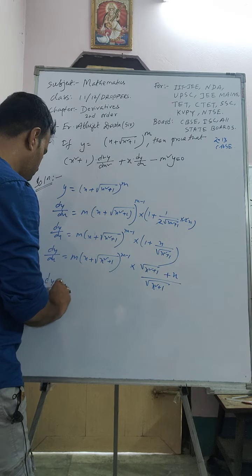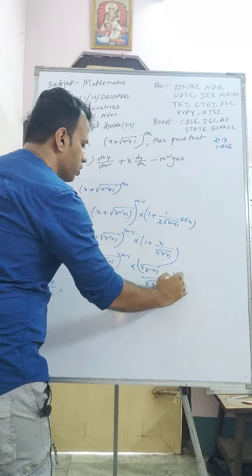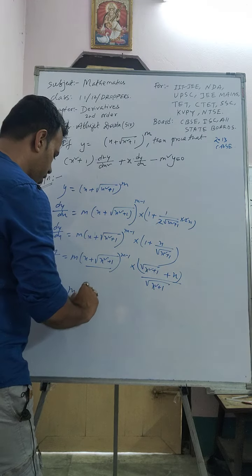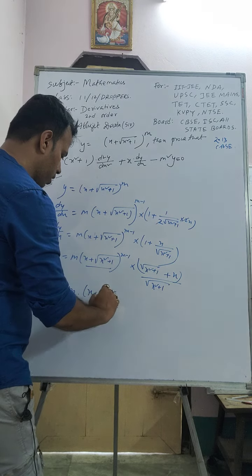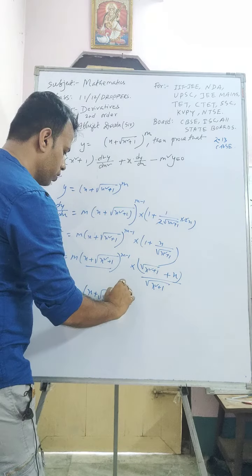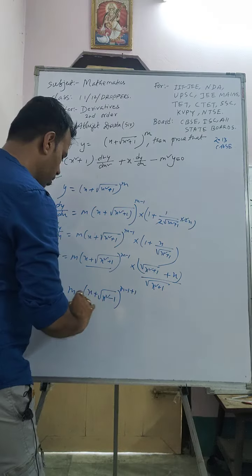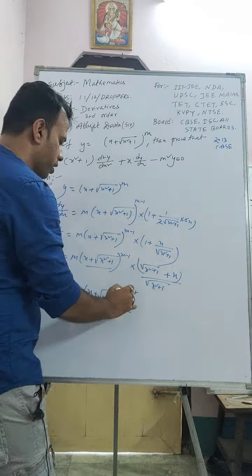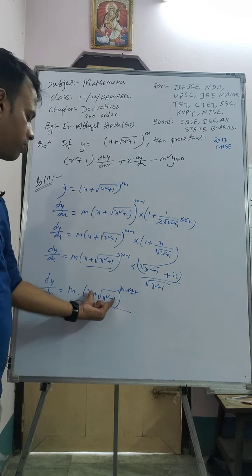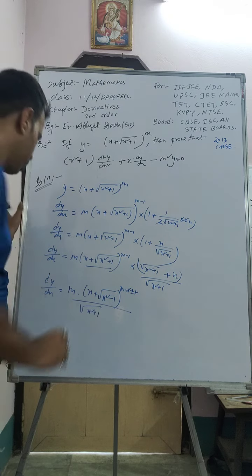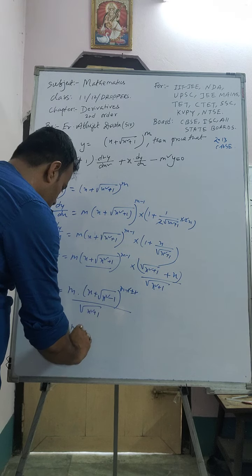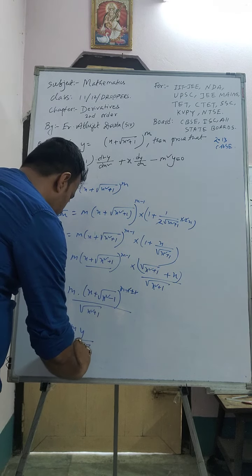Since this one and this one are the same, the powers add, so it becomes x plus root over x square plus 1 whole to the power m minus 1 plus 1, and here root over of x square plus 1. So if I cancel this part, I can put the value of this one as y. So dy dx is m into y, and it will be x square plus 1.